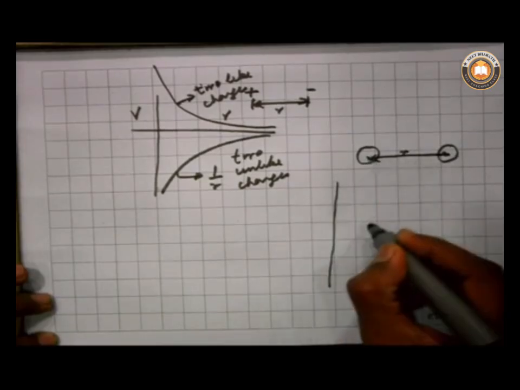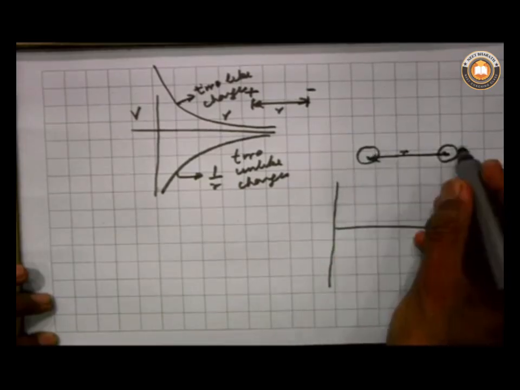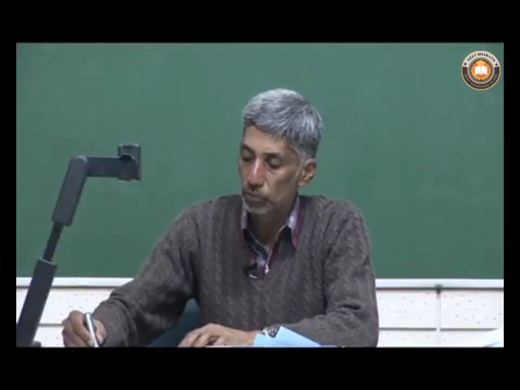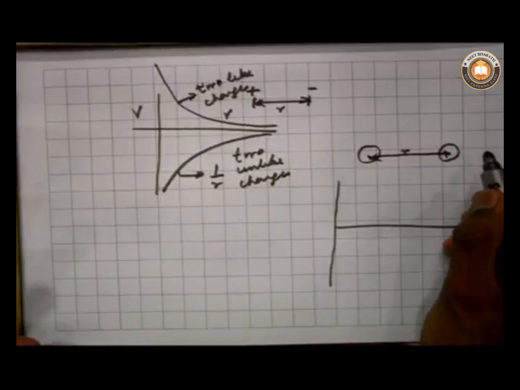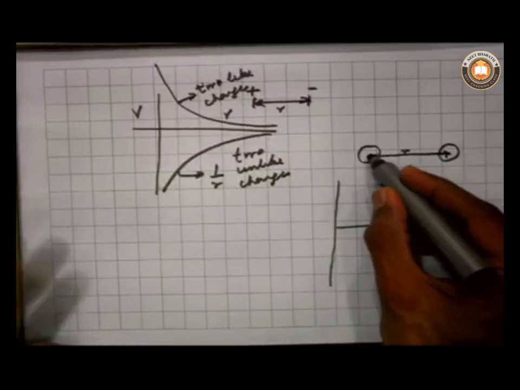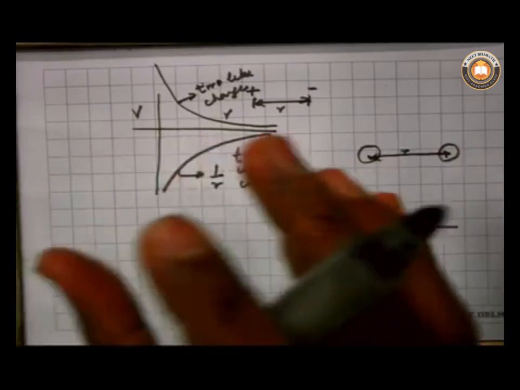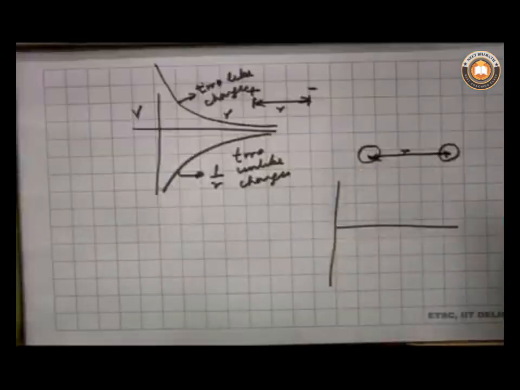So, I am now plotting V of this interaction as a function of the distance between these two molecules. I am taking this as two spheres to make life easy, because with two spheres, no matter which orientation it is, it does not make a difference. The only thing that matters is the distance between the two.